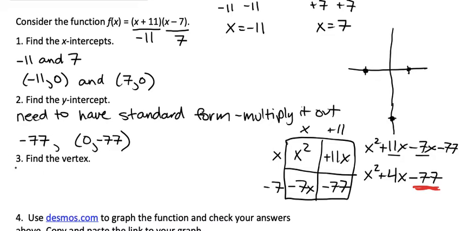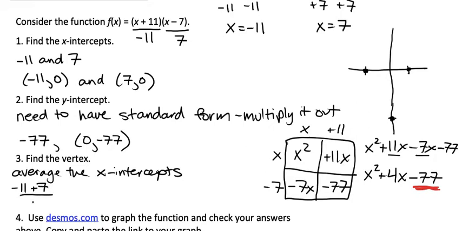So in order to figure out what halfway is, I would take the average. The average is going to be the number that is in the middle. So I'm going to average the x-intercepts, and that's going to give me negative 11 plus 7 divided by 2.